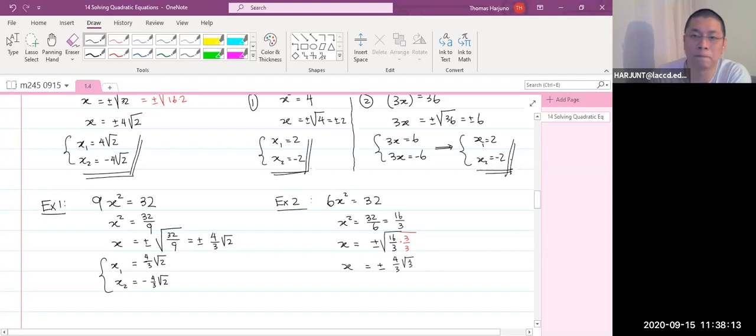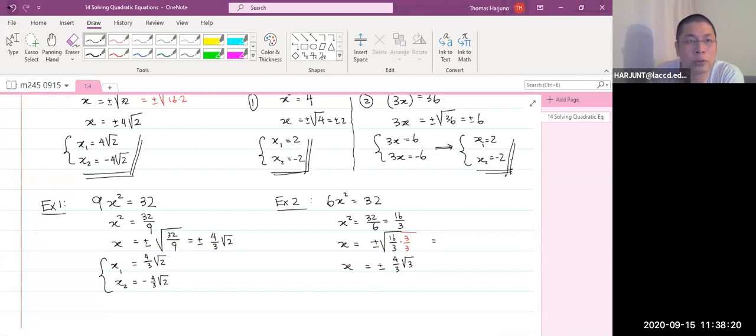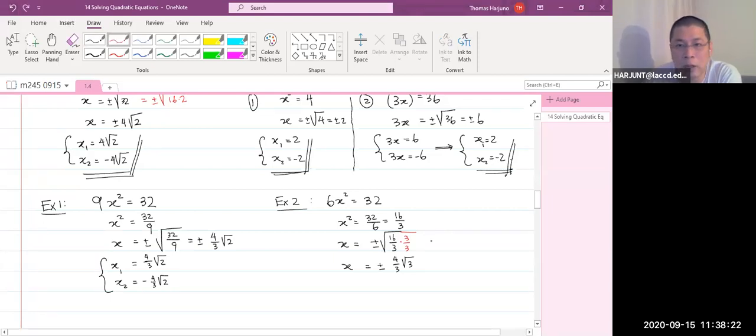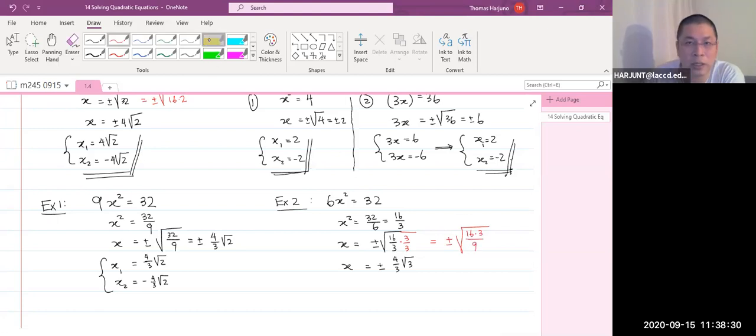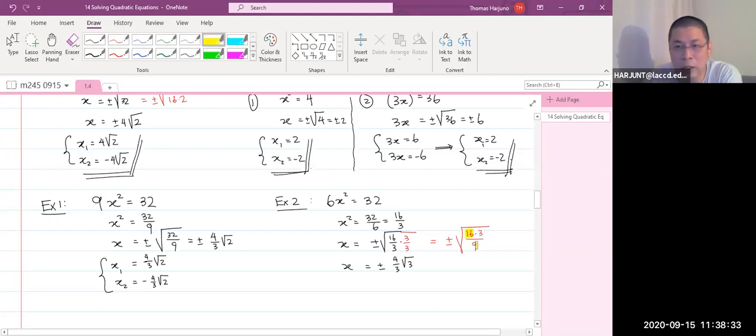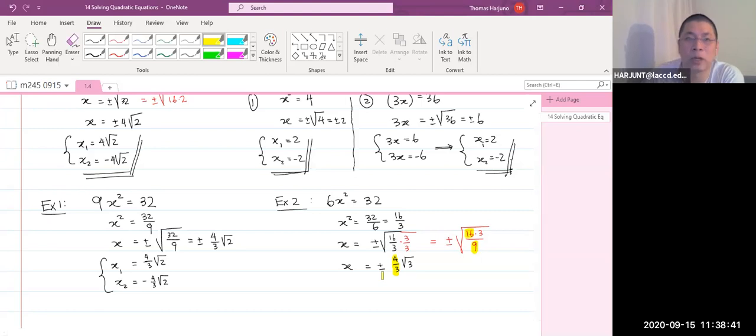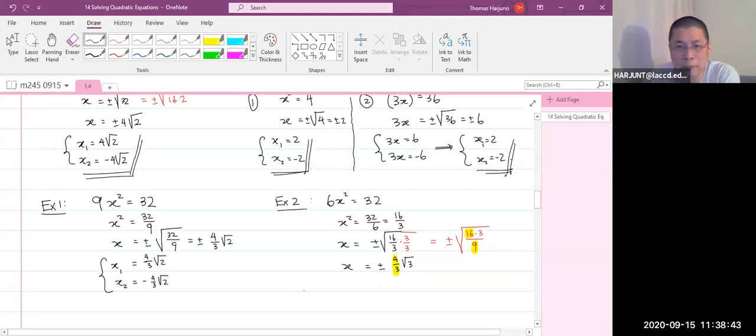Can you follow me? That's because this is plus minus square root of 16 times 3 over 9. Now the 16 and the 9 come out, becoming 4 over 3. Okay, now then split that.